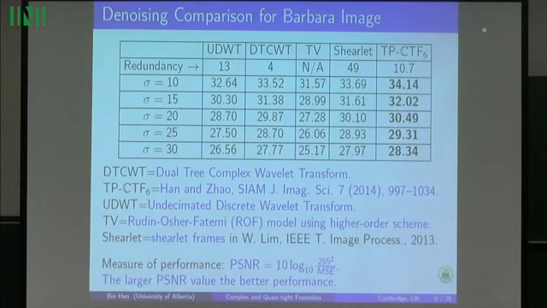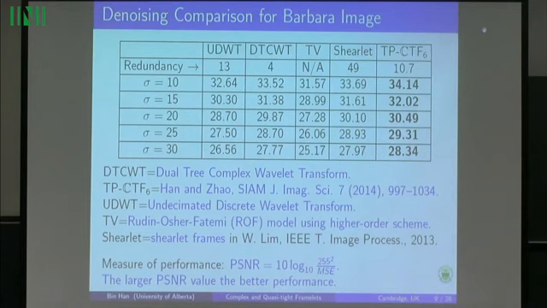So you are going to see the performance using the undecimated wavelet transform. This is Kingsbury's approach by dual tree complex wavelet transform. This is total variation, this is shearlet, and this is our performance. The black color boldface letter means the best performance. If I compare this with the shearlet, the performance is much better than the shearlet.